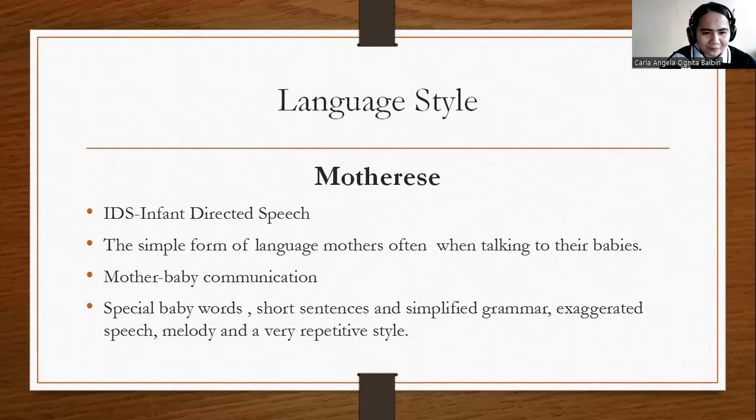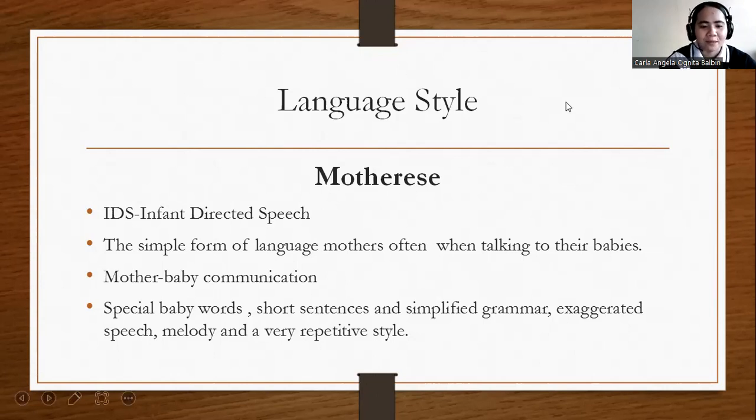The mother-ese, or parent-ese, actually does not include only verbal words. They also employ hand gestures and facial expressions. These are very important in communicating with their child.